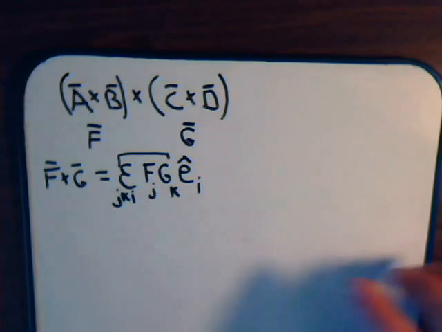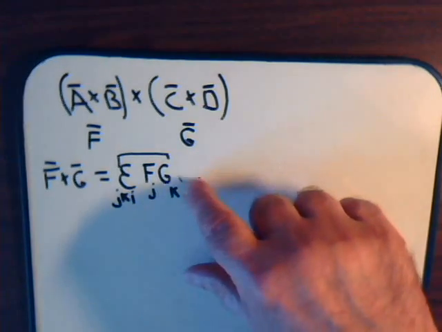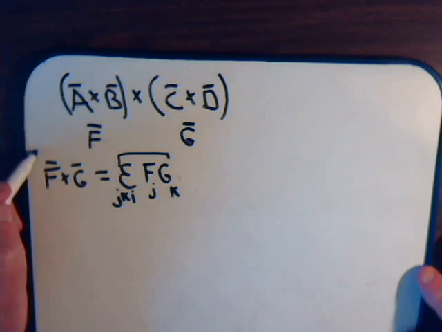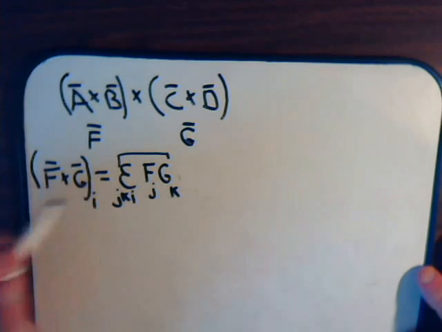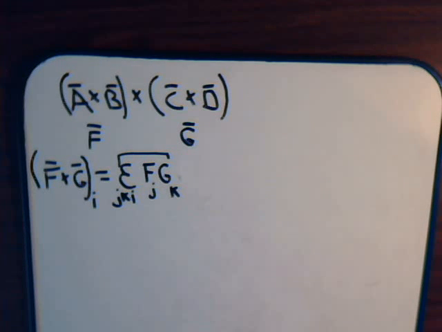So what we're going to do is take this away and just write this as F cross G, the ith component.